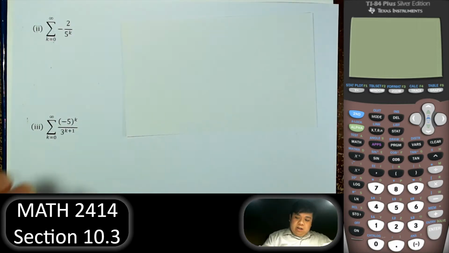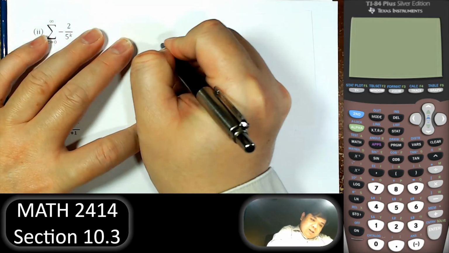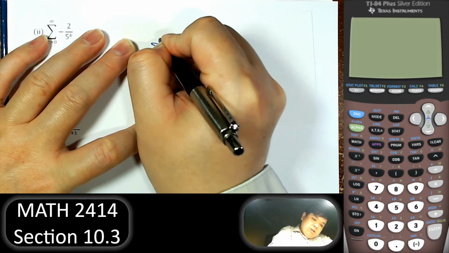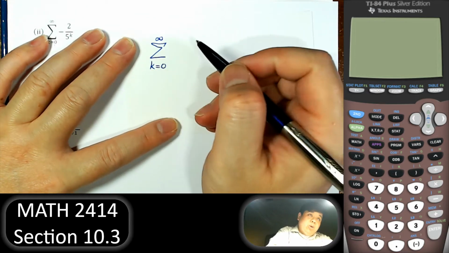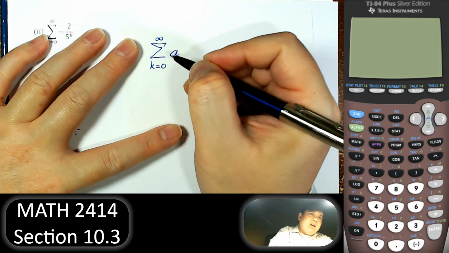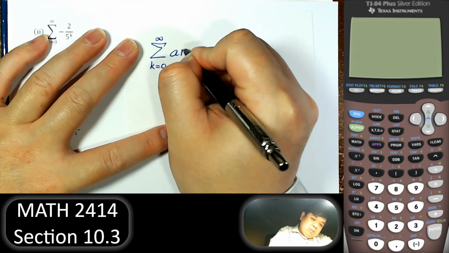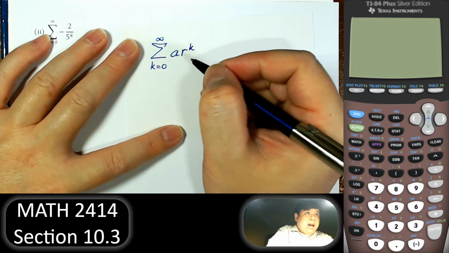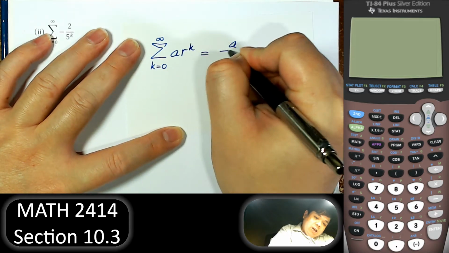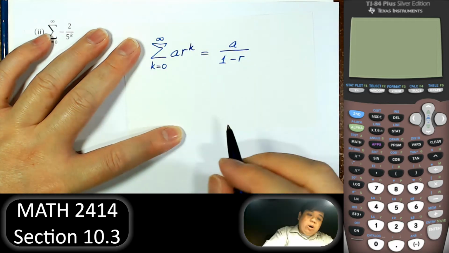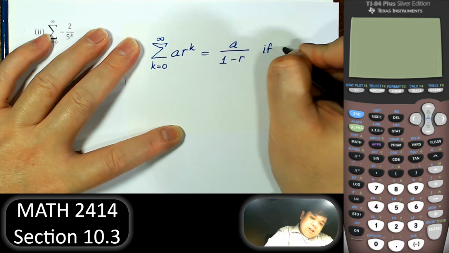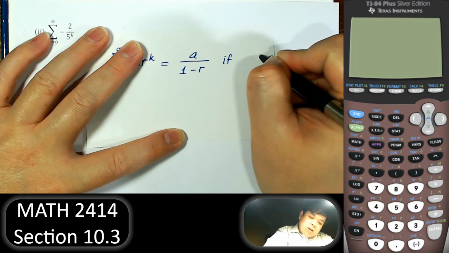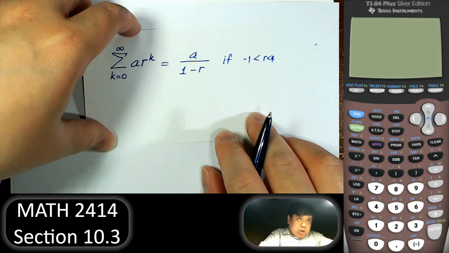The geometric series has to start from 0 and go to infinity. It may have a constant, but most important is the ratio, and it equals a over 1 minus r only if the absolute value of r is less than 1, between -1 and 1.